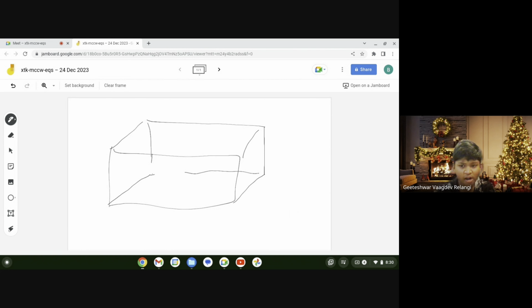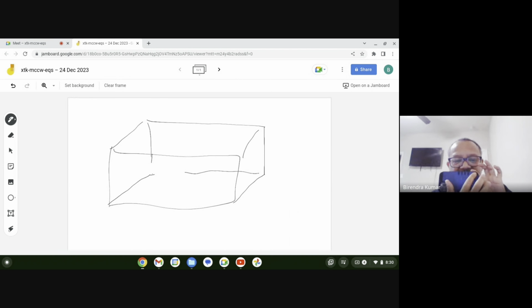So if you call this the length and this the width, this is the height. If the phone is fat or thicker, the height is more, right? So in the case of a cube, length, width, and height are all the same. In the case of a cuboid, they are not. That's the only difference.